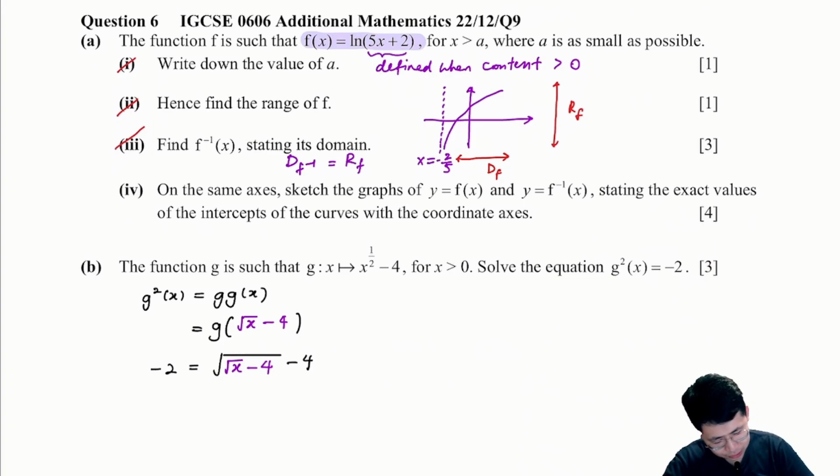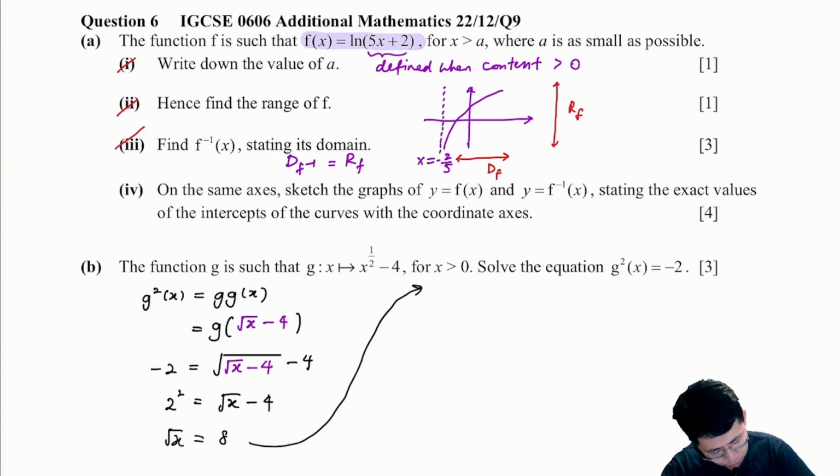So moving the 4 to this side, 2 is going to be equal to square root of the square root of x minus 4. So this will be 4 on the left. So square root of x will be equal to 8. So continue on, when you square back, x will be equal to 64.